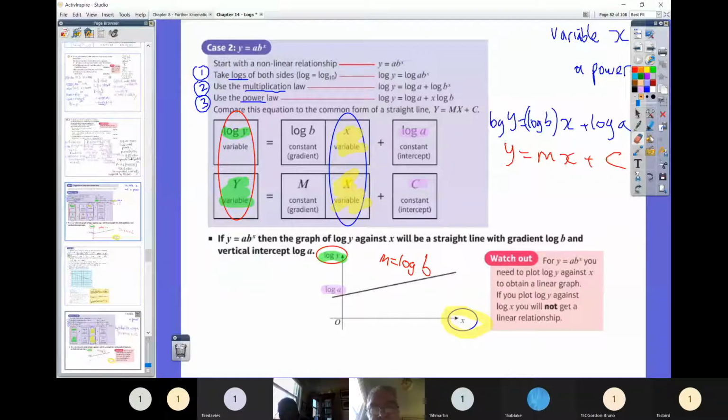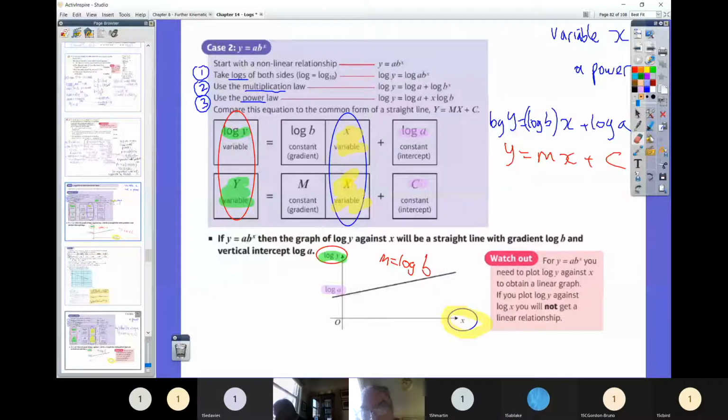And then line 3, we've used the power law to take x to the front. Okay, and then over on the right-hand side, you'll see that in blue I've changed the right-hand side order. So it now becomes the y equals mx plus c order.